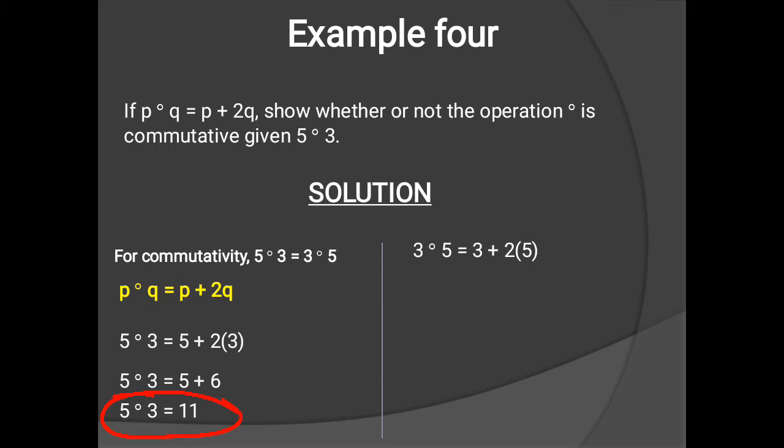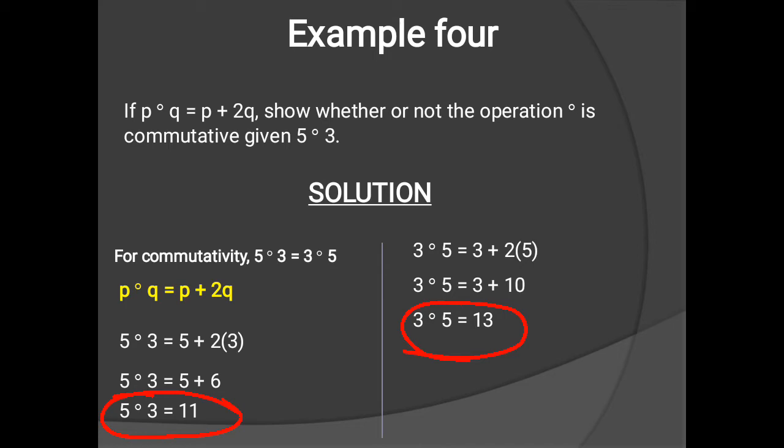We solve multiplication first. So 2 times 5 is 10. So 3 operation 5 is equal to 3 plus 10. 3 plus 10 will give us 13. So 3 operation 5 is 13.